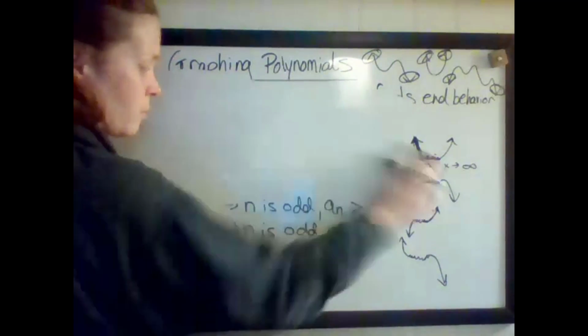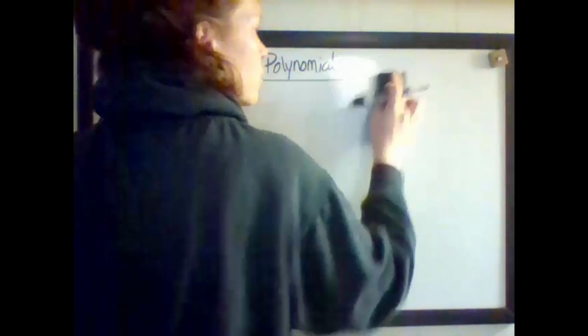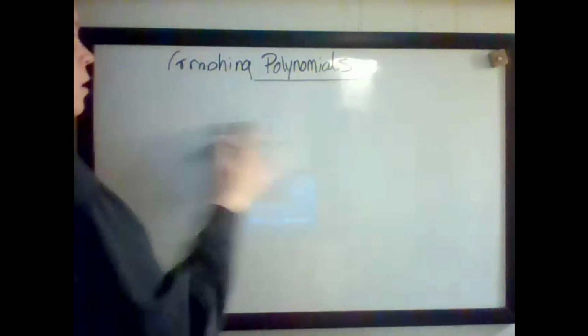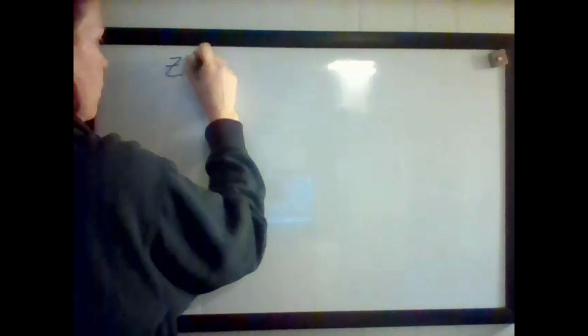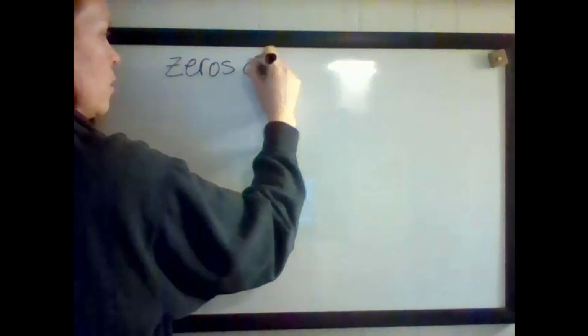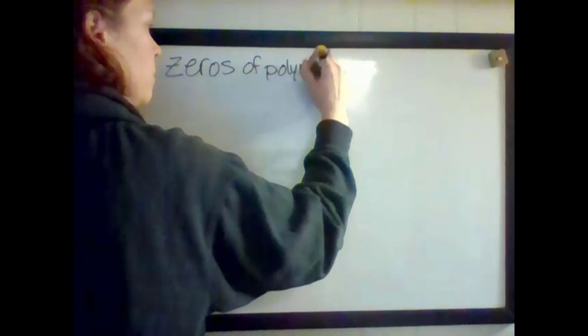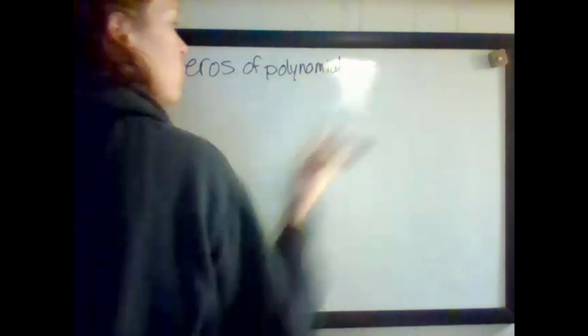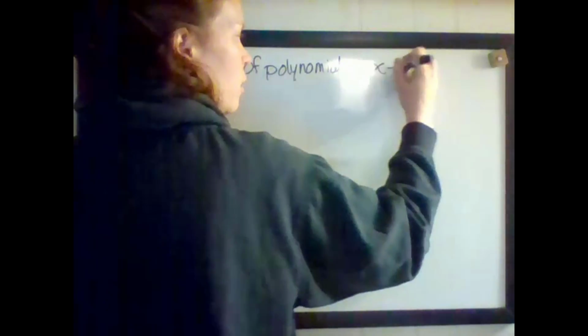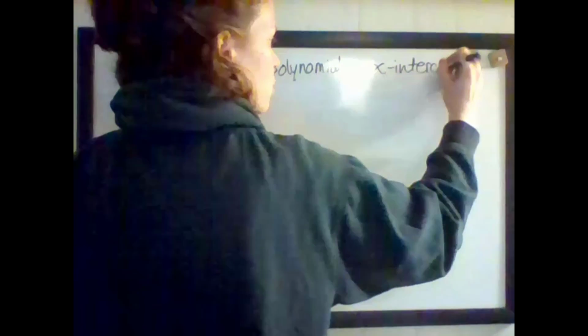So let's also now add on the fact that we should be able to figure out the x-intercepts, which maybe you've already learned are called the zeros of the polynomial. The zeros of the polynomial are the same as, on the graph, the x-intercepts.